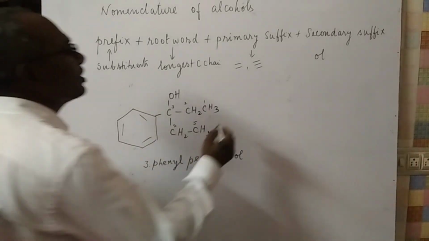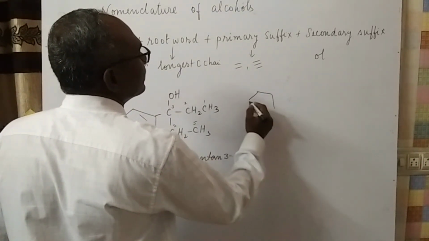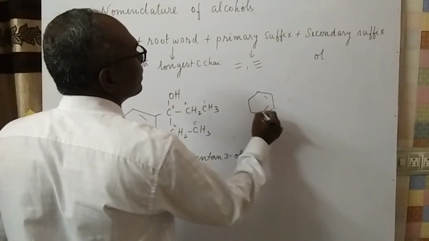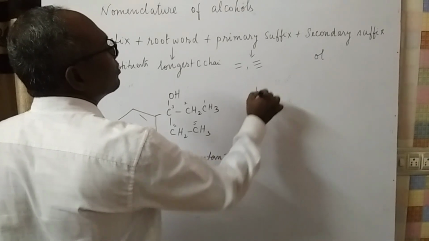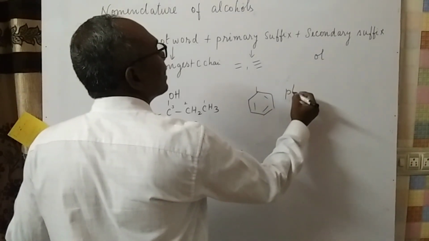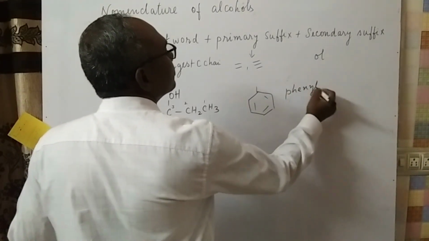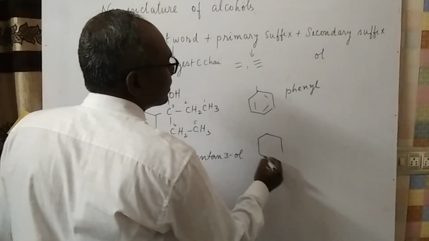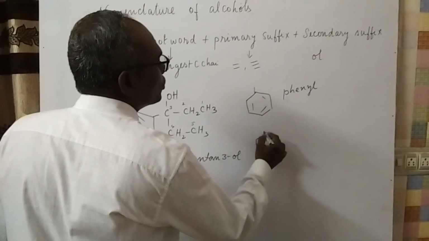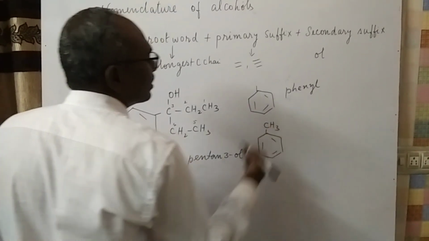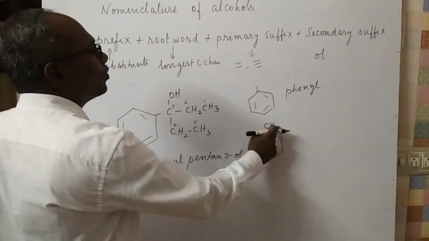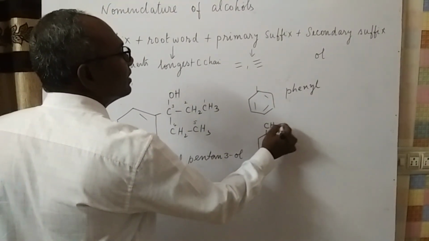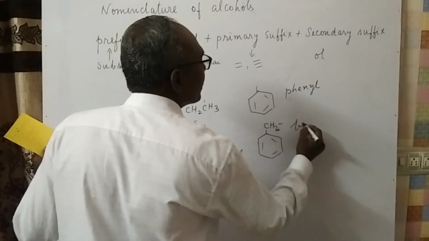For your information, this is benzene. When one hydrogen is removed, it becomes a phenyl group. This is the phenyl group. This is toluene. If one hydrogen is removed from here, then it becomes a benzyl group.